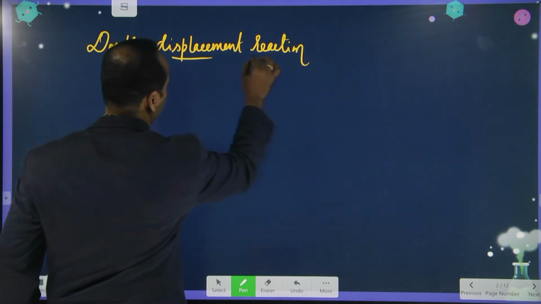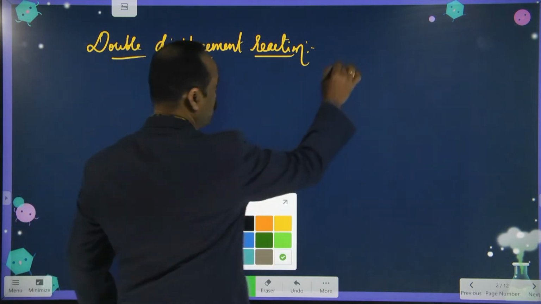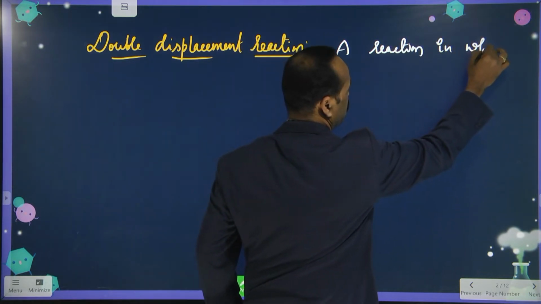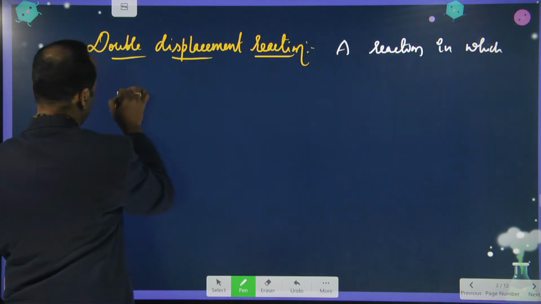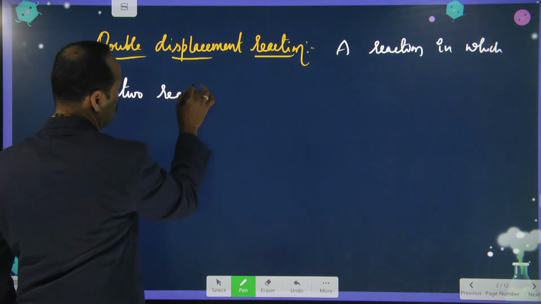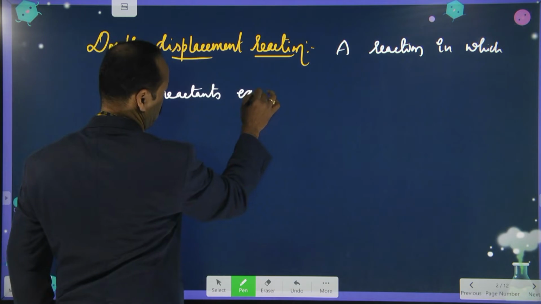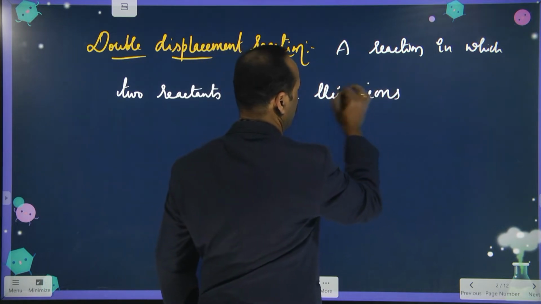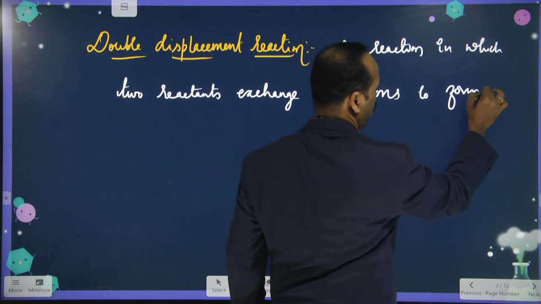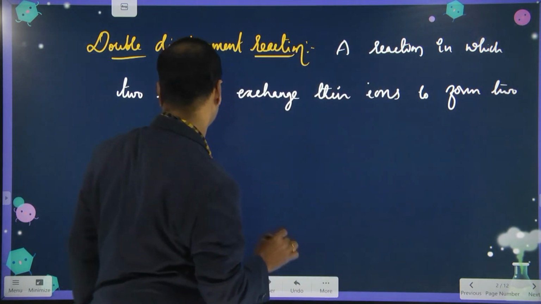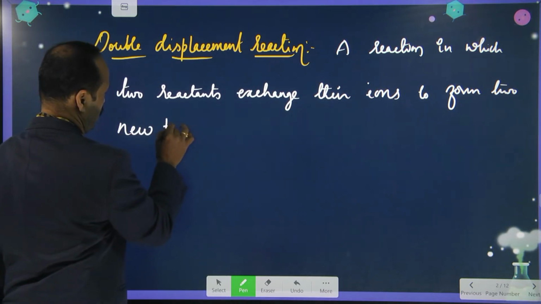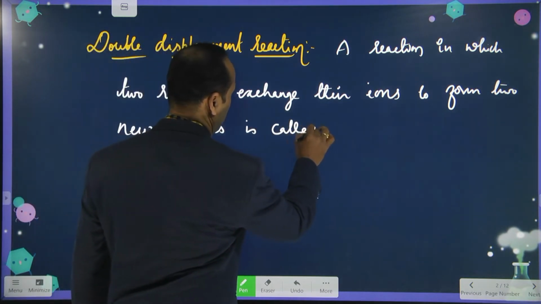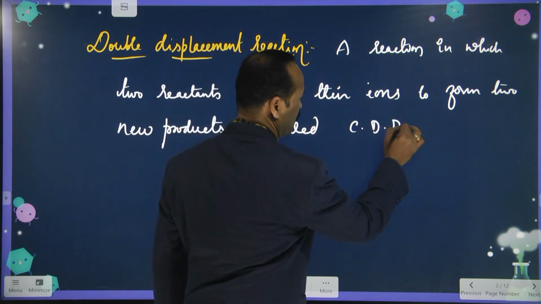The definition of a double displacement reaction is a reaction in which two compounds or two reactants exchange their ions to form two new products, is called a chemical double displacement reaction.